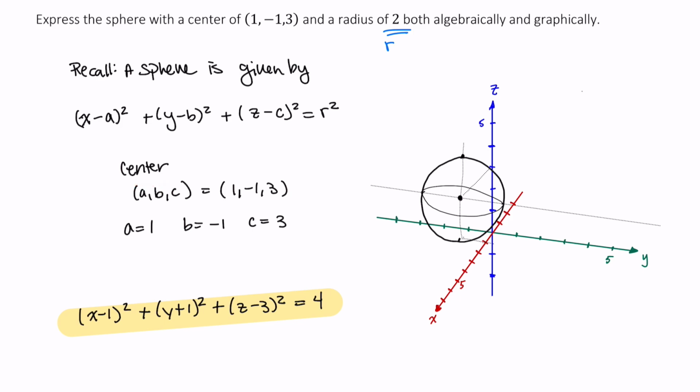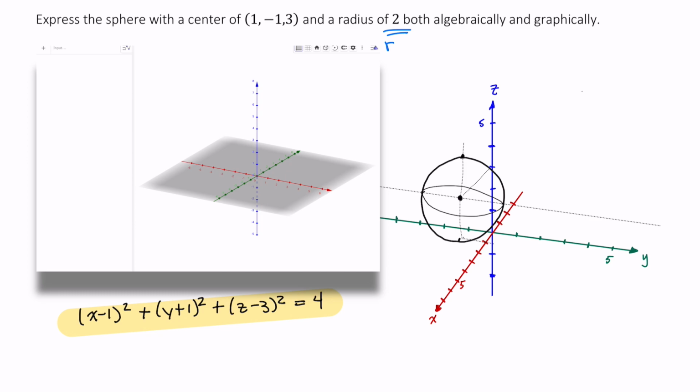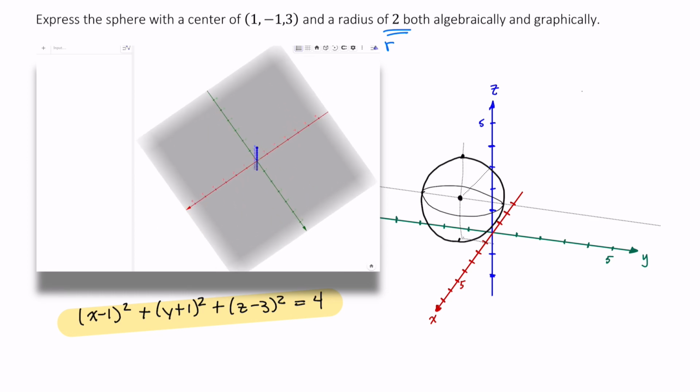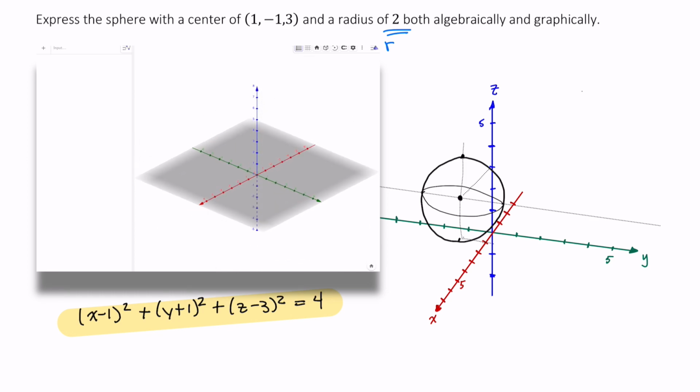Now quickly, let's look at this using technology. So again, I'm using GeoGebra, and I went into the 3D view, and now I'm shifting my view so that X points down left, Y points down right, and Z points up and down.